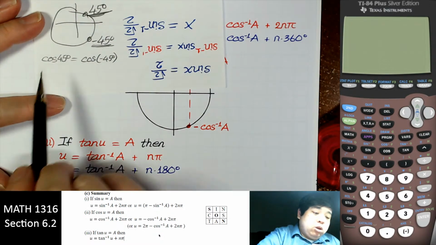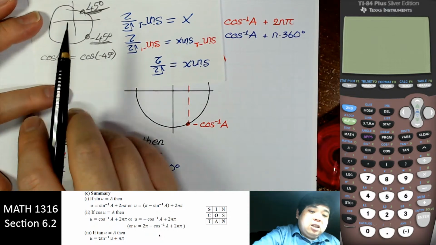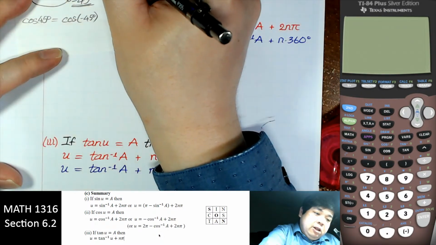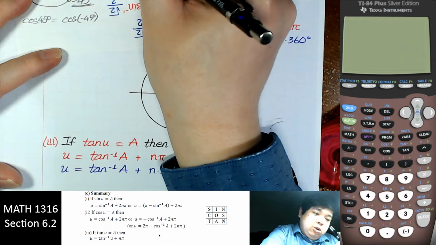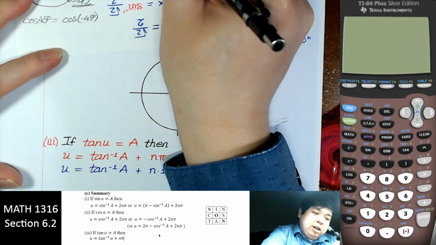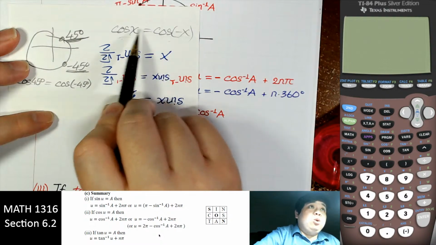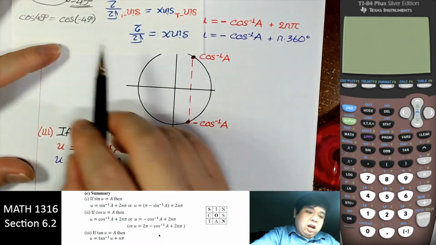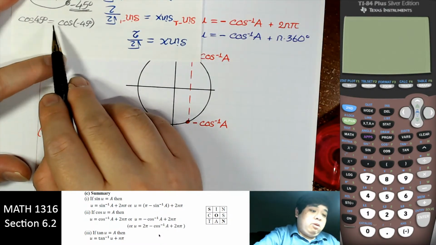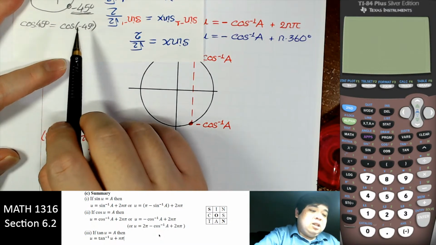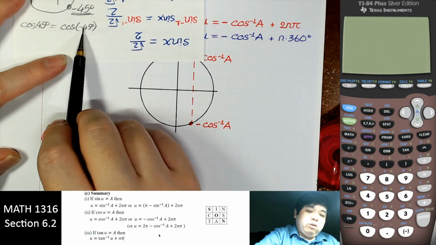And one more thing about cosine. Cosine is an even function. So cosine of positive x is equal to cosine of negative x. Because cosine is even, cosine 45 degrees equals cosine of negative 45 degrees.